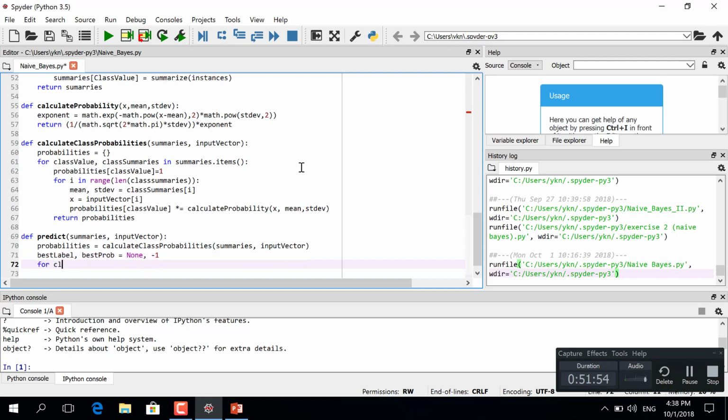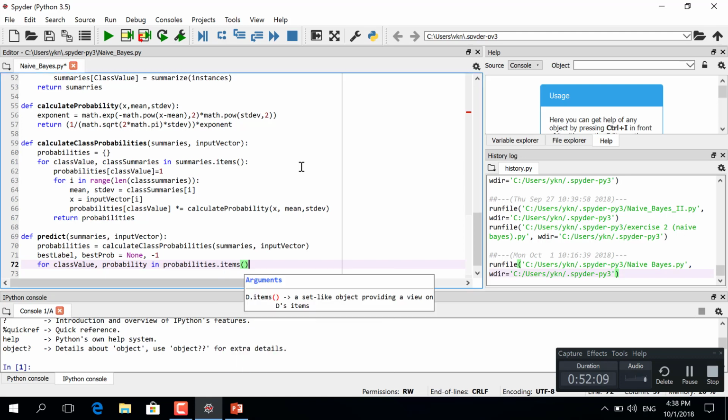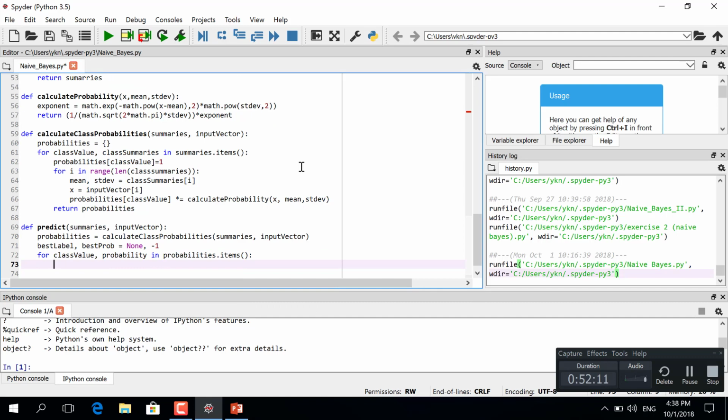And then for class value, probability in probabilities dot items, we are trying to get the value that is closer to +1 or closer to -1.